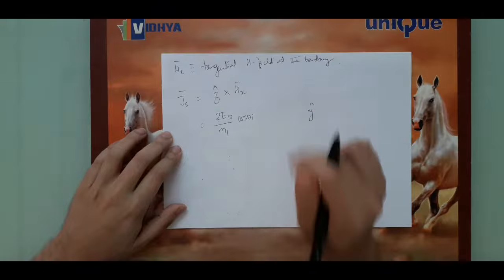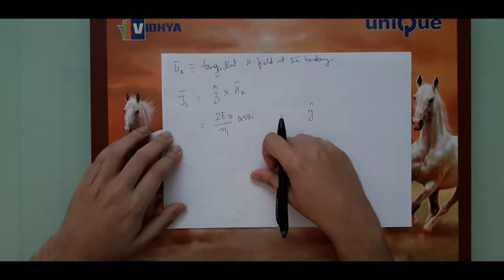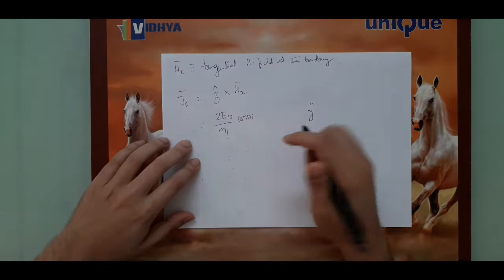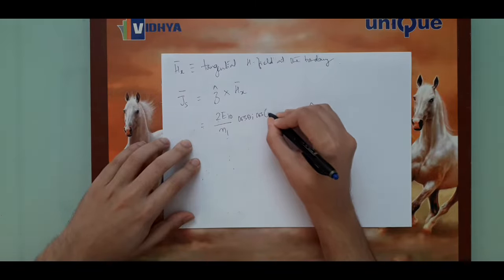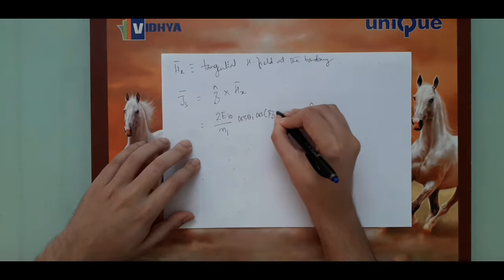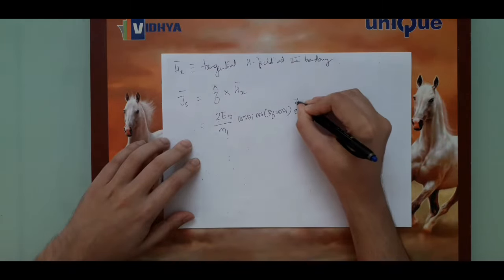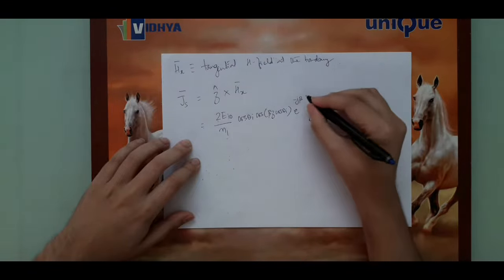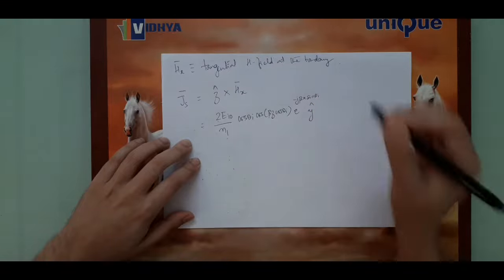so since we are solving at the surface, we must put z equal to 0. So if we put z equal to 0, let's write that down. It was like this, times e raised to minus j beta x sine theta I, where beta is the phase constant in the medium.